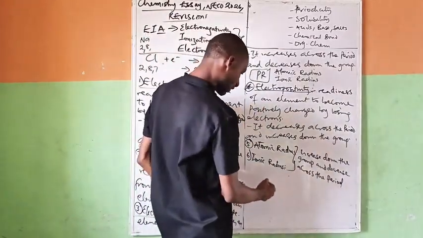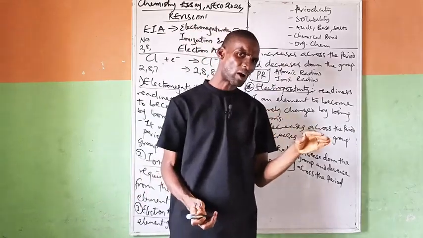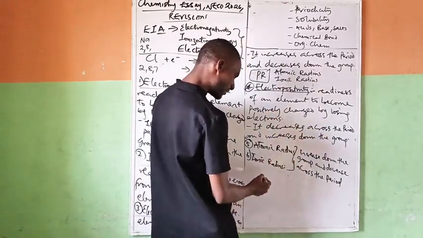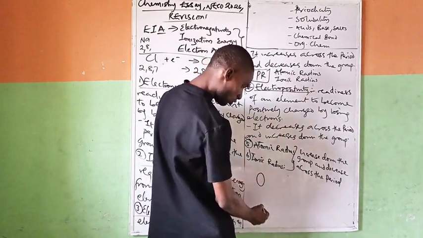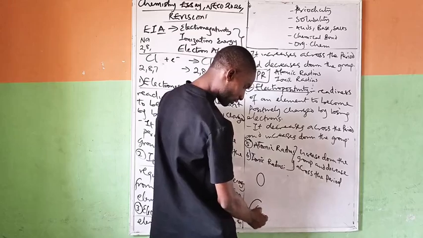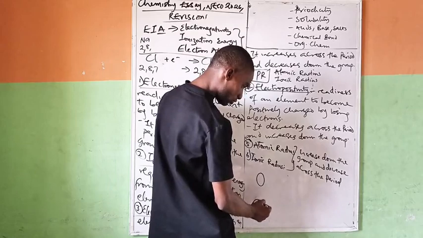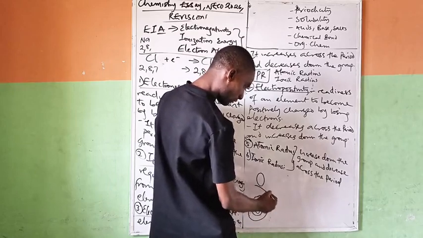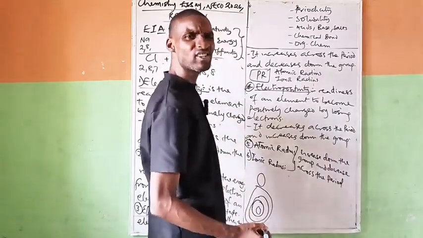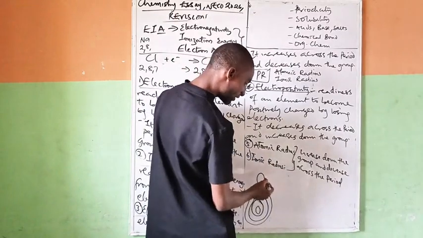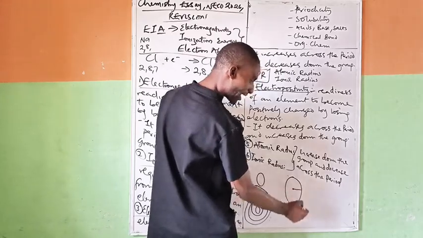Look at this. You remember elements in the same period have the same number of shells. So elements in period 1, we have just one shell. Elements in period 4, we have 1, 2, 3, 4, 4 shells. And what is radius in mathematics? Radius is the distance from the center of a circle to any part of the circumference.